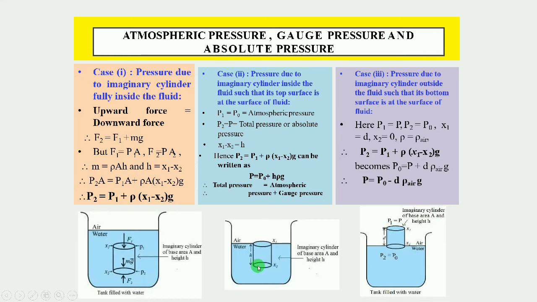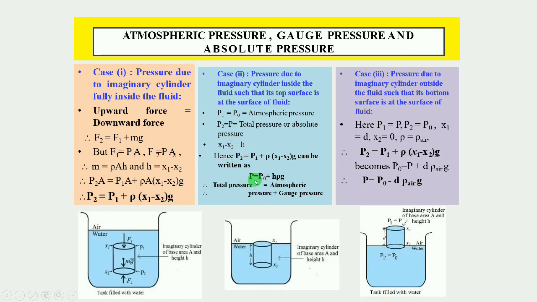Similarly, P2, that is the pressure at the bottom of the imaginary cylinder, is actually the total pressure or absolute pressure. Here again x1 minus x2 we will consider as h. So from our final expression P2 equal to P1 plus rho (x1 minus x2) into g, we will replace the notation. P1 we can replace by P0 and P2 we can replace by P.